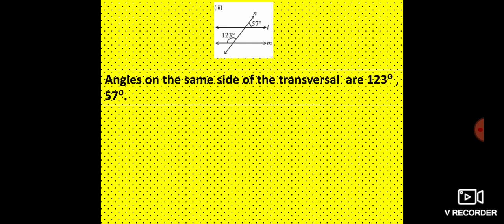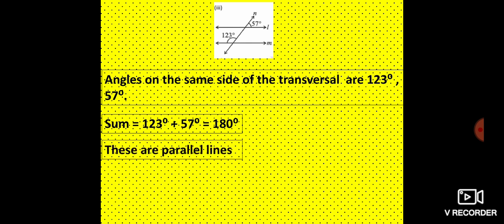The vertically opposite angle of 57 is also 57 degree. Therefore, we got the angles on the same side of the transversal as 123 degree and 57 degree. Then we find the sum. Yes, we get 180 degree. Therefore, we can write that these two lines are parallel lines.